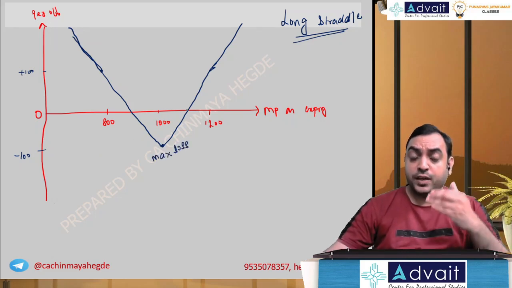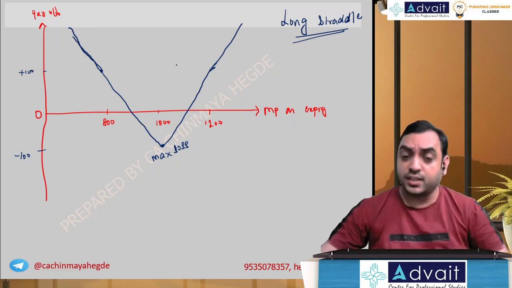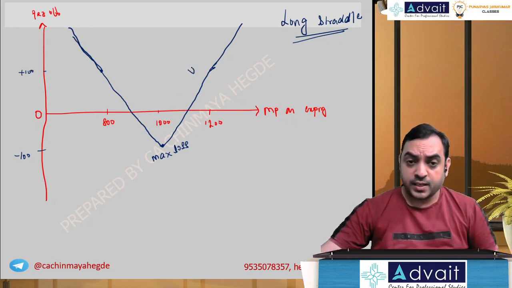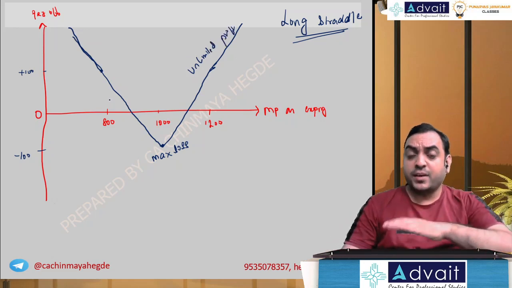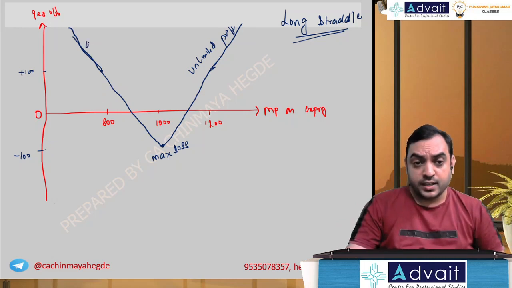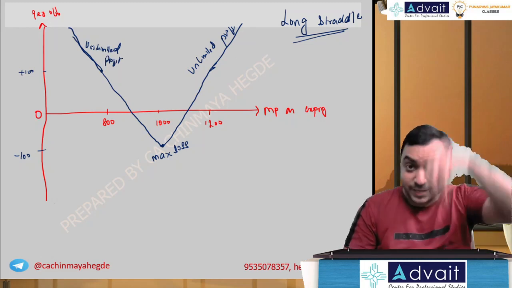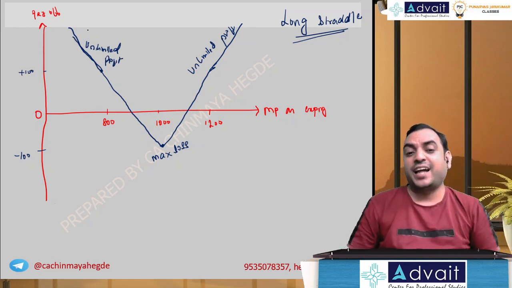When the market price goes beyond a certain level, you make unlimited profit. And here also, when the market price goes below, you make unlimited profit. But when the market price exactly remains the same, there we get the maximum loss.